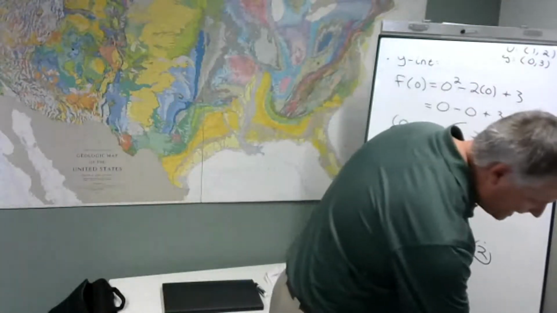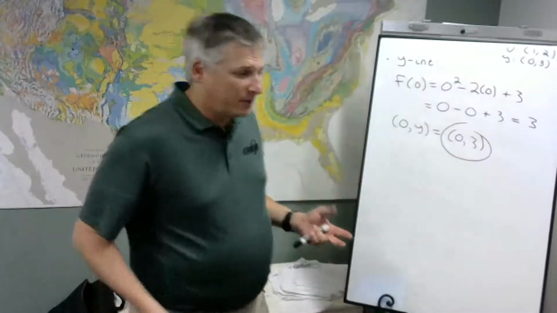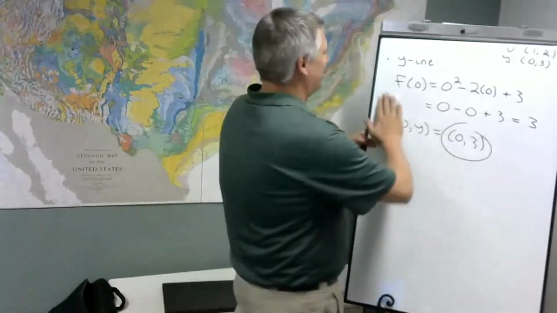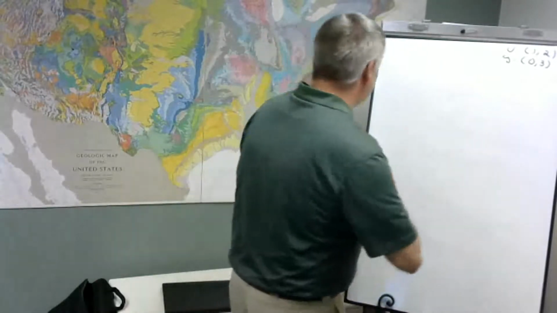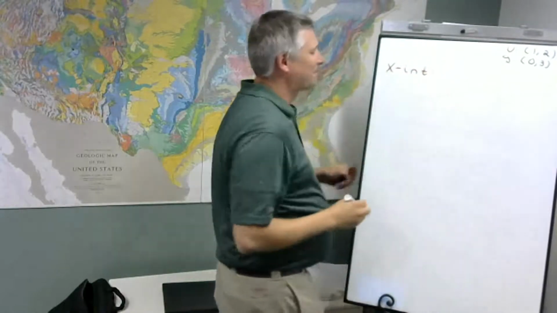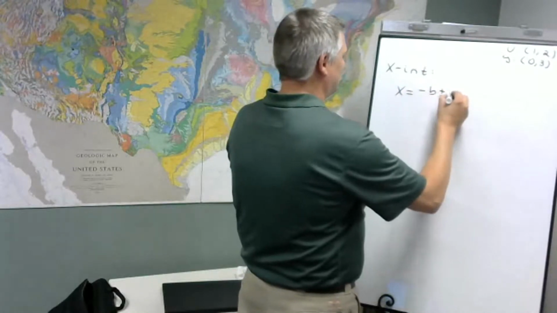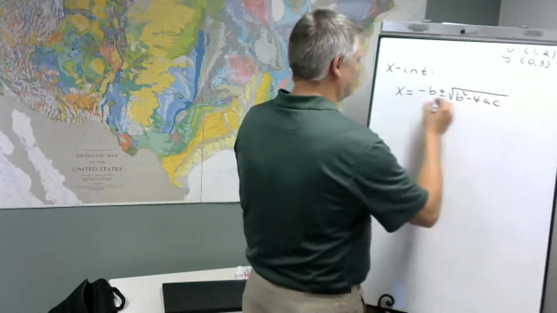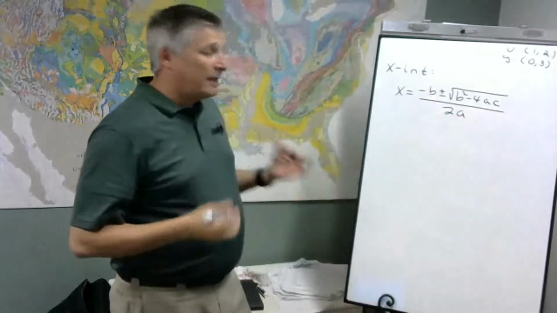Now we need to find the x-intercept. For this, I'm going to use the quadratic formula, and that's where you're going to want to know a, b, and c. So for the x-intercept, well, that's your quadratic formula.